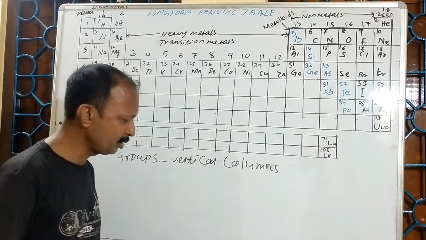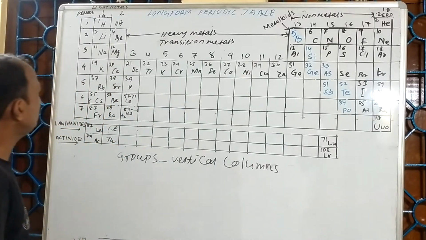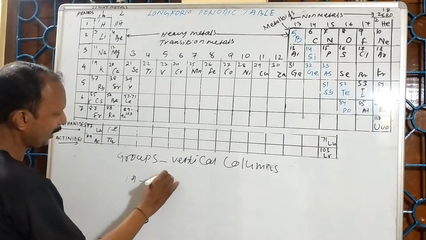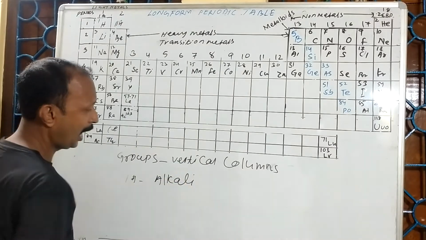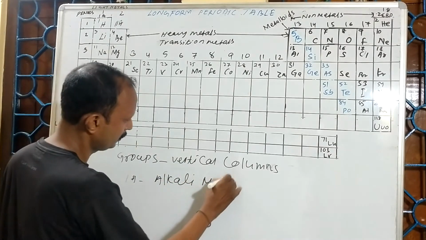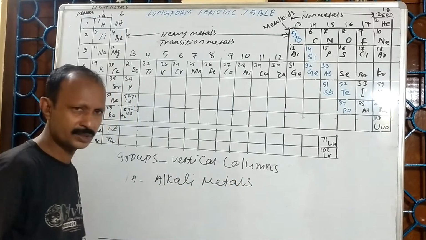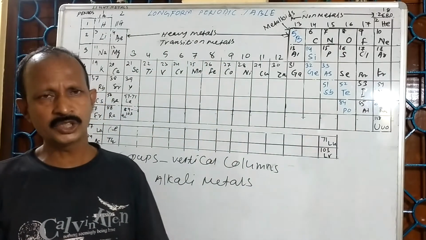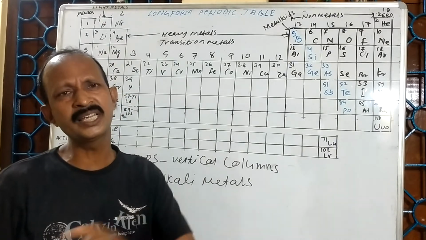So we'll discuss these columns. The elements of the first group are called alkali metals. Why are they called alkali metals? Because when they react with water, their nature is alkali, their basic nature.